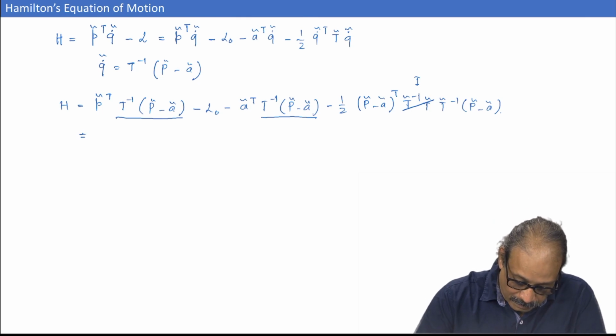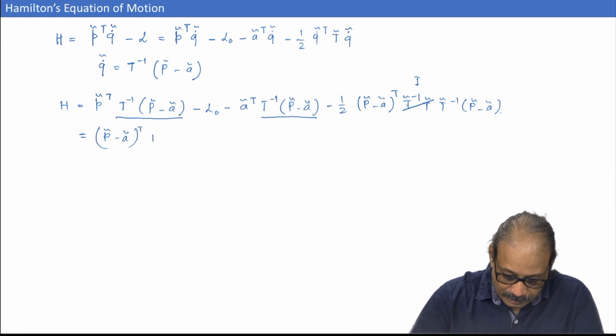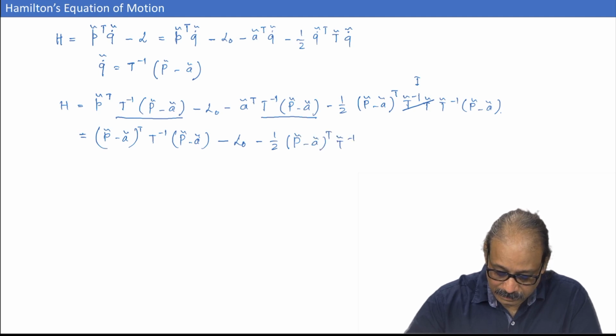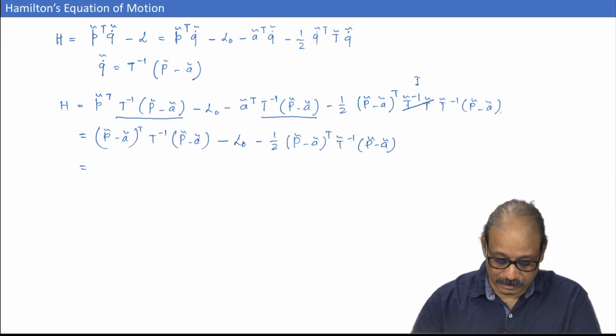So, this will be (P tilde minus A tilde) transpose, then there is a T inverse, (P tilde minus A tilde), and then minus L 0 and minus half of, again it is the same term, (P tilde minus A tilde) transpose T inverse (P tilde minus A tilde), and this finally simplifies to.